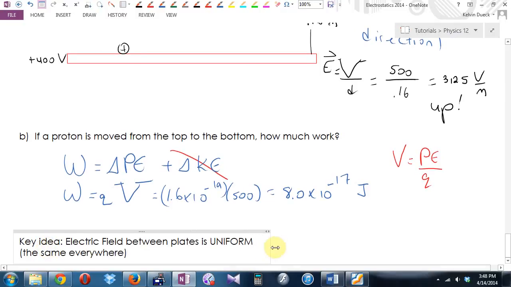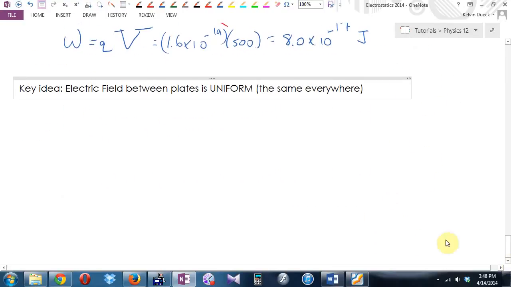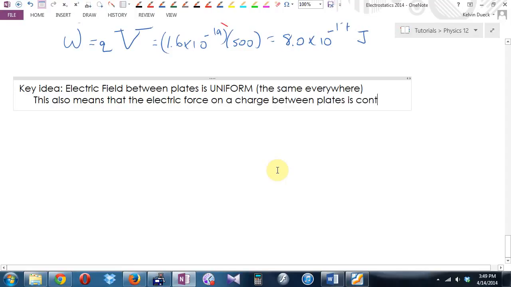Key idea: the electric field between parallel plates is uniform, it's the same everywhere. This also means that the electric force on a charge between plates is constant.